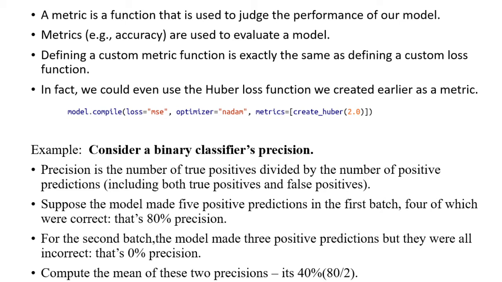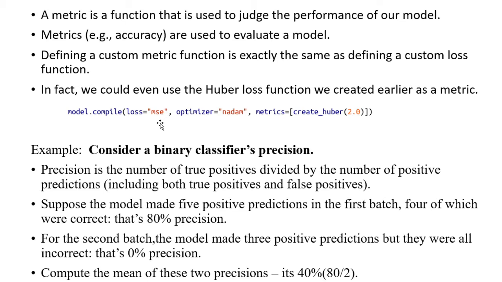So when we call the create Huber class, we need to update the model.compile. In the model.compile, in the metrics, we can call the create Huber with the threshold. The remaining things are as they are, that is, we will have a loss and the optimizer along with it.